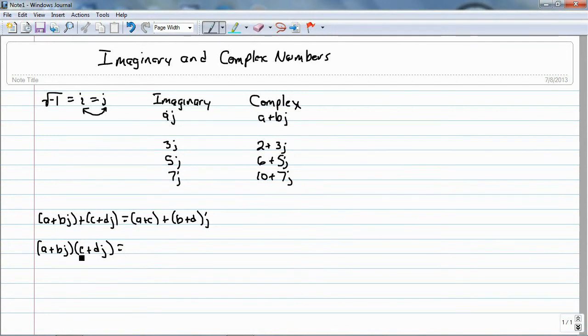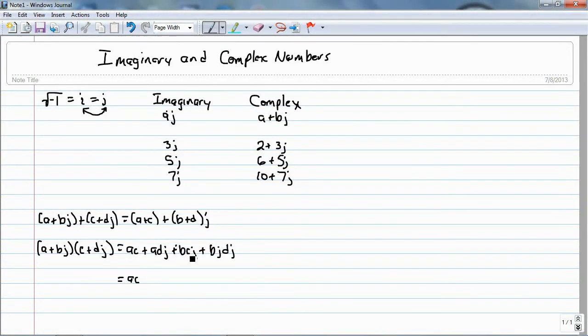So I'm going to have A times C. I'm going to have A times DJ. Then I'm going to have BJ times C. And then I'm going to have BJ times DJ. Okay, so AC is pretty simple.